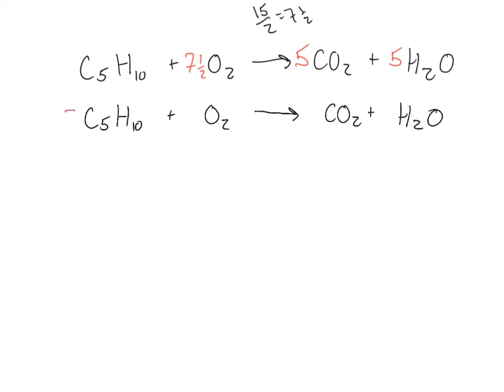So that will give us 2 C5H10s, 15 O2s, 10 CO2s, and 10 H2Os. And so we can then see that we have 10 carbons, 20 hydrogens, 30 oxygens, 20 plus 10 for 30 oxygens. And so we have a balanced equation.